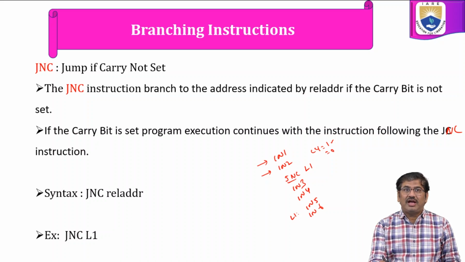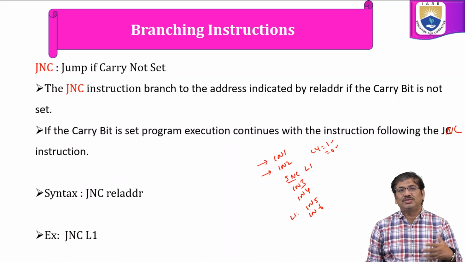Suppose after instruction 2 execution, the carry flag is equivalent to 0, in that case the condition is true, so that is jump if no carry, and the control will be transferred to label 1, which was specified. Immediately the control will be transferred to label 1, where we have instruction 5. This will be executed. The syntax of the instruction is JNC L1, where L1 is the address of a particular memory location where we want to transfer the control if the carry flag is equivalent to 0.